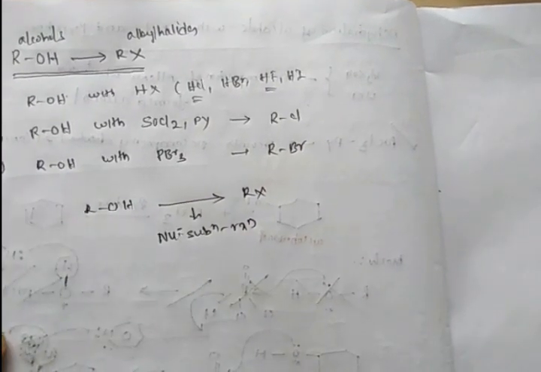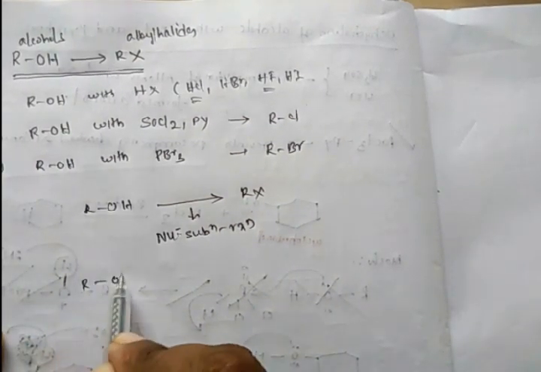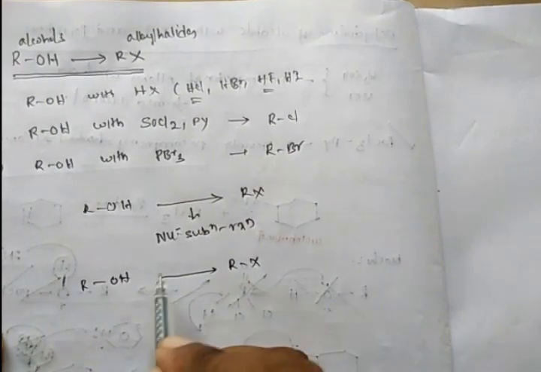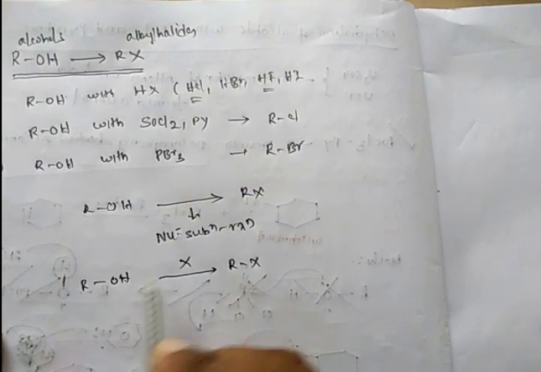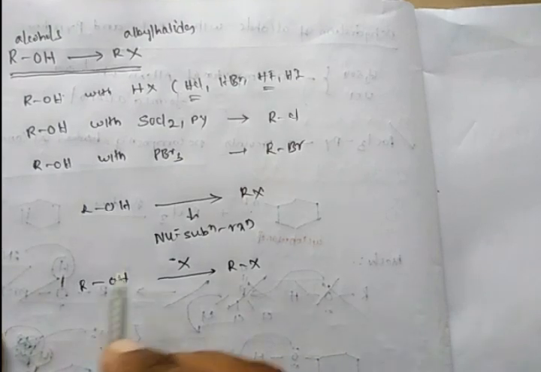So this reaction is a nucleophilic substitution reaction. Our major aim is to convert this alcohol into an alkyl halide. This transformation cannot be done directly with a halogen atom, it may be chlorine or bromine.